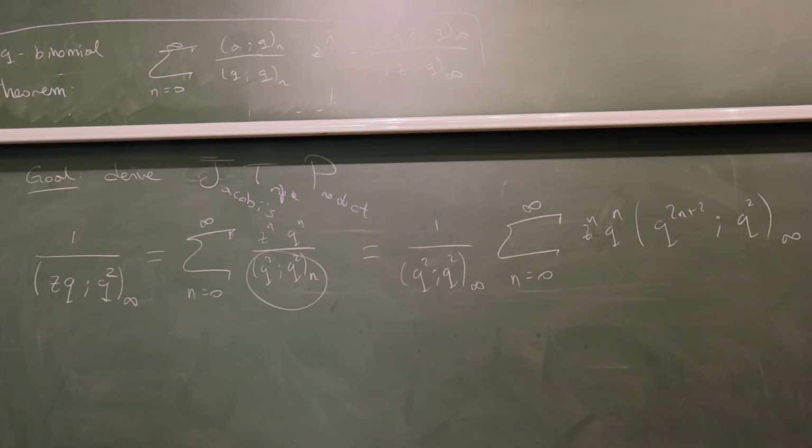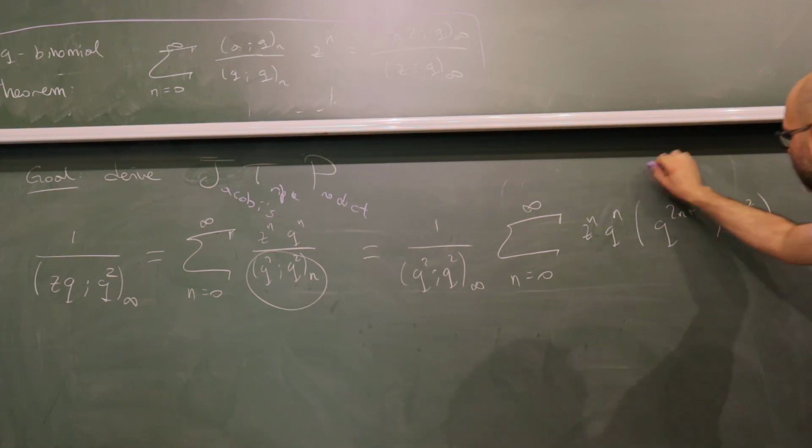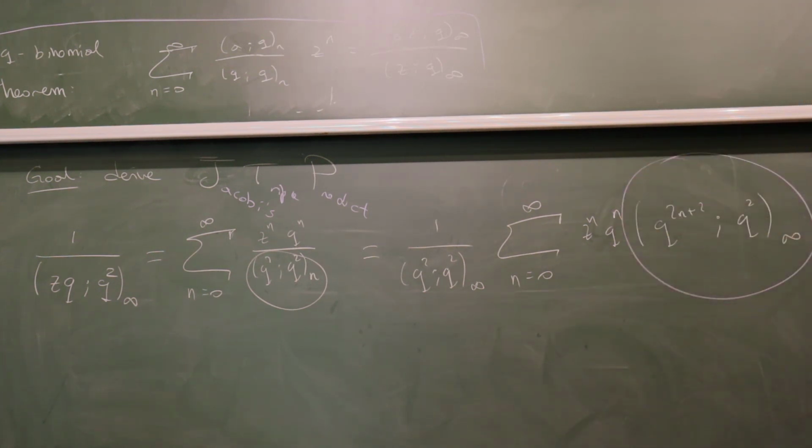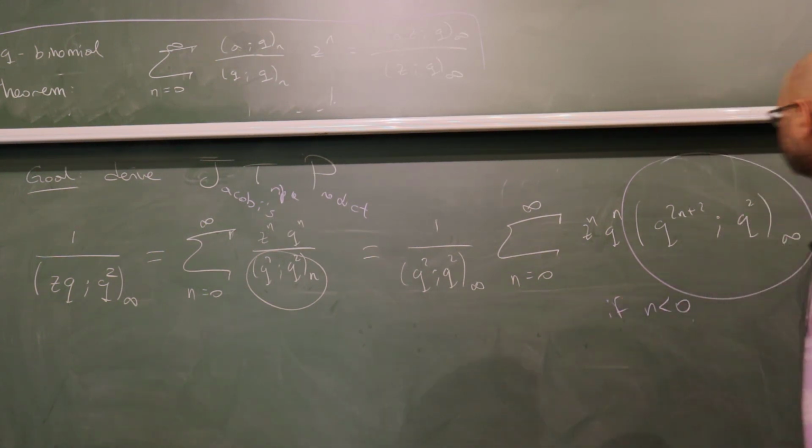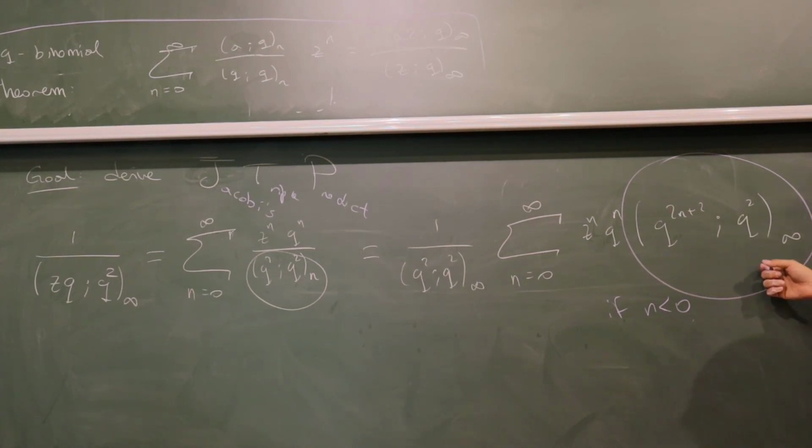Now here's the first bunny out of the hat. If we consider negative n's, then the first factor, 1 minus q to the 2n plus 2, is either 0 or negative. We start at the negative side, and then we keep hopping on the even numbers, minus 6, minus 4, minus 2, 0. And once you hit 0, it's 1 minus q to 0, which is 1. So this whole product becomes 0 if n is negative.